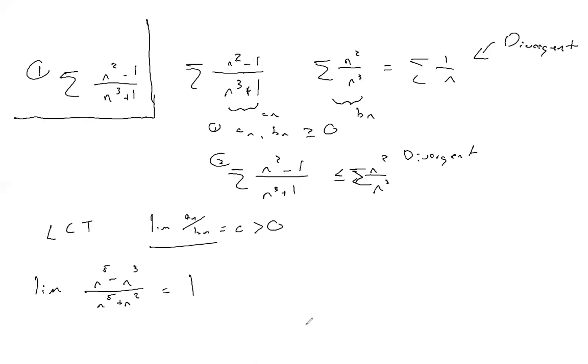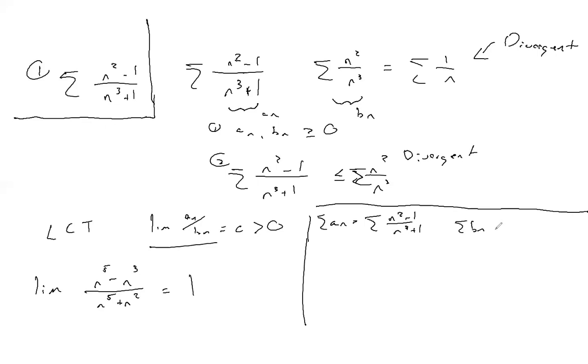Now I need to write everything up. This is all my scratch work. Now this is maybe the most critical part and what I want you guys to focus on. I would say, let a_n equal my original series, and b_n equal this comparison series. The limit of a_n over b_n equals 1.